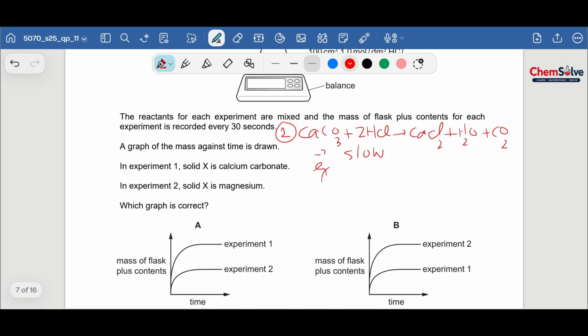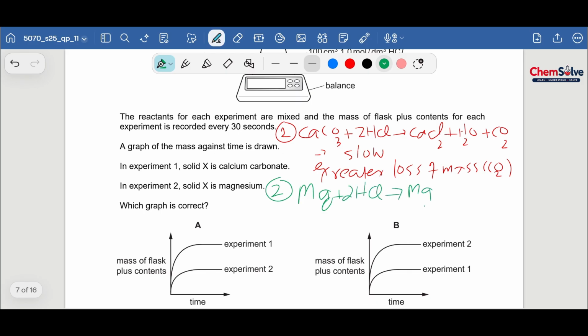And here a greater loss of mass. Why? Because carbon dioxide is being released here and it is a heavier gas. For experiment number 2, when magnesium reacts with HCl, it will produce MgCl2 and hydrogen gas.